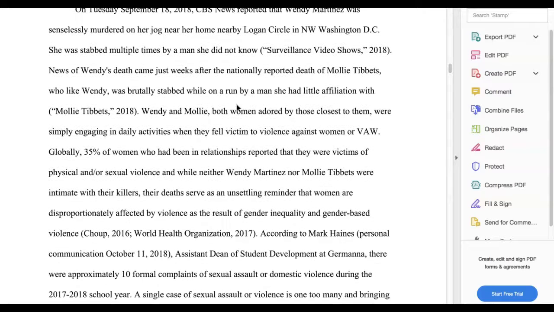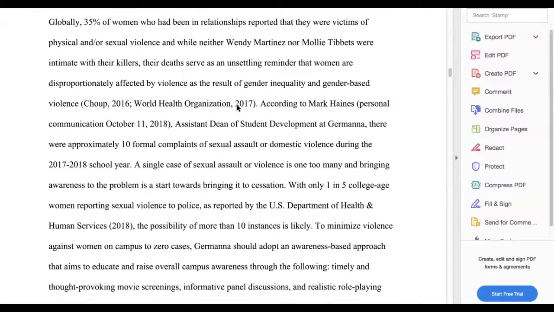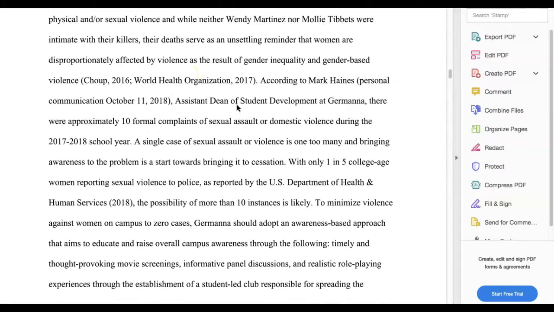And then she goes through and she talks about how this is not an isolated incident and how it is one that affects Germanna Community College.